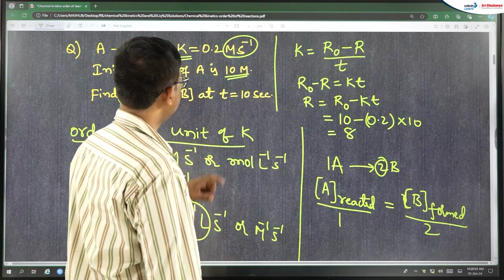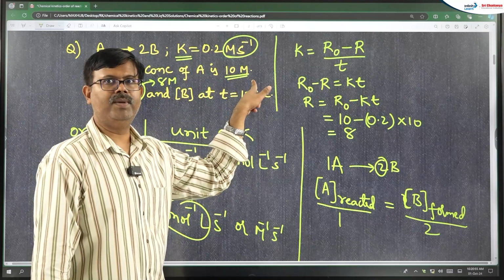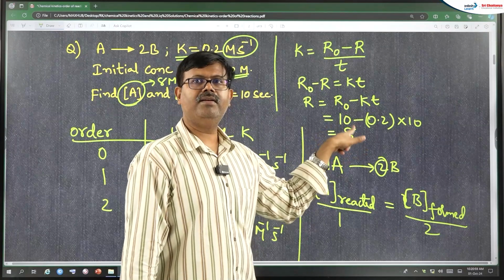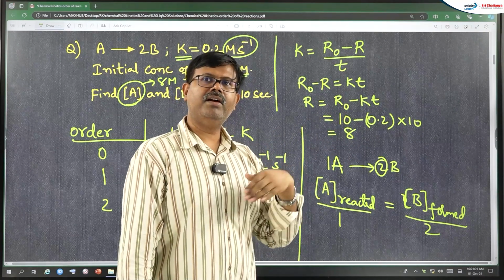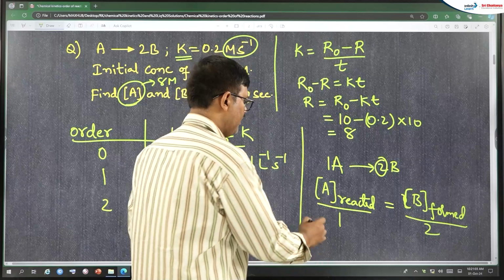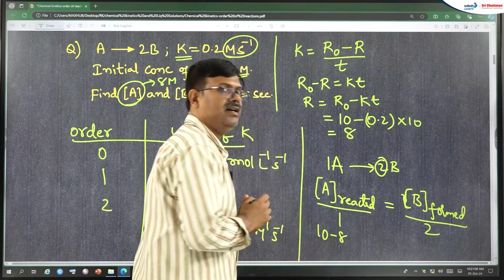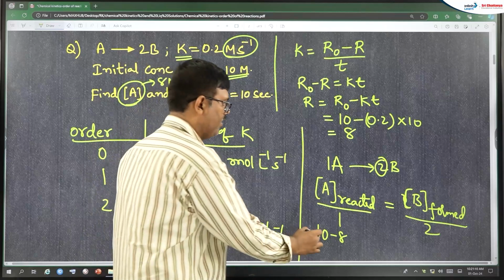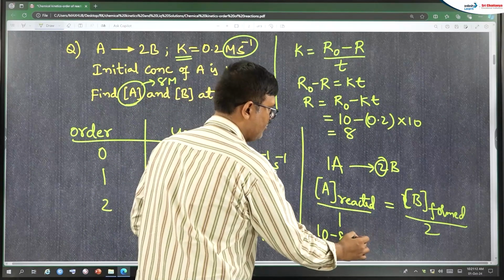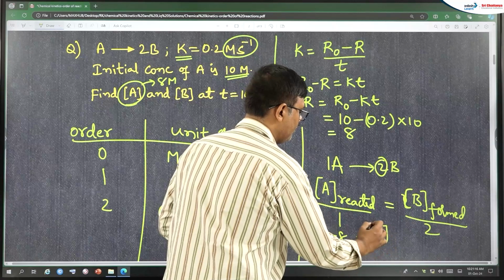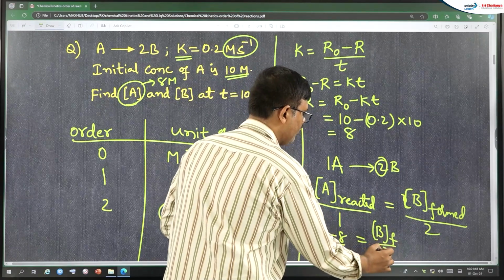Initially we began with 10 molarity. Finally, how much is there? 8 is remaining. Then how much is reacted? 10 minus 8, the reacted molarity divided by 1, is equal to B formed divided by 2.